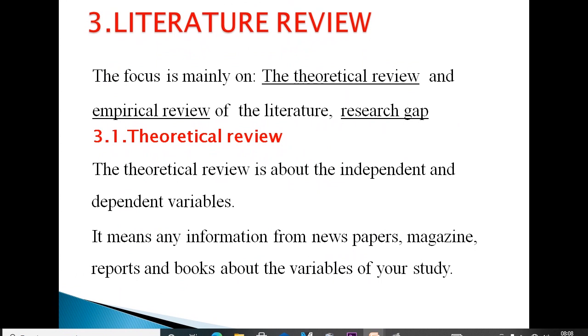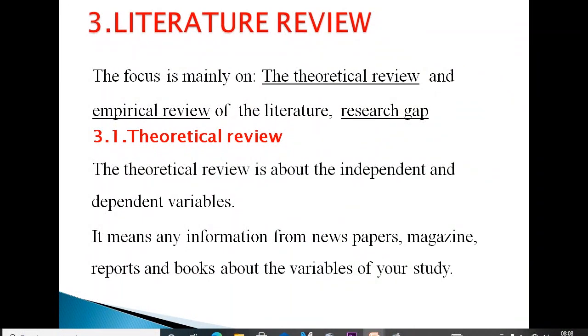The literature review focuses mainly on the theoretical review, the empirical review of the literature, and the research gap. Therefore, your literature review must contain three parts: the theoretical review, the empirical review, and the research gaps.